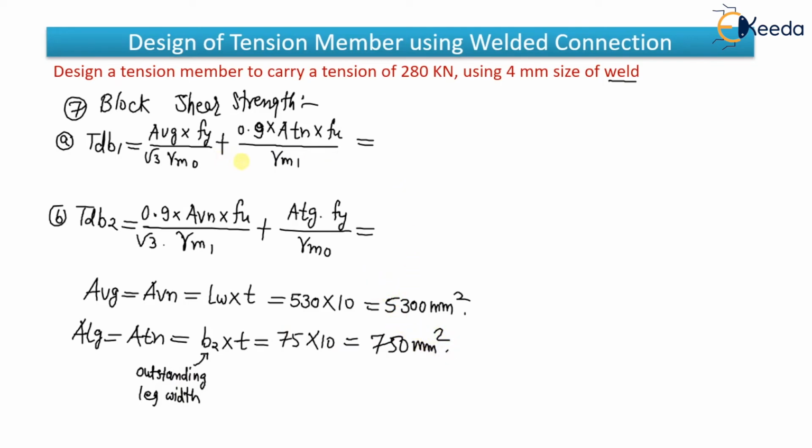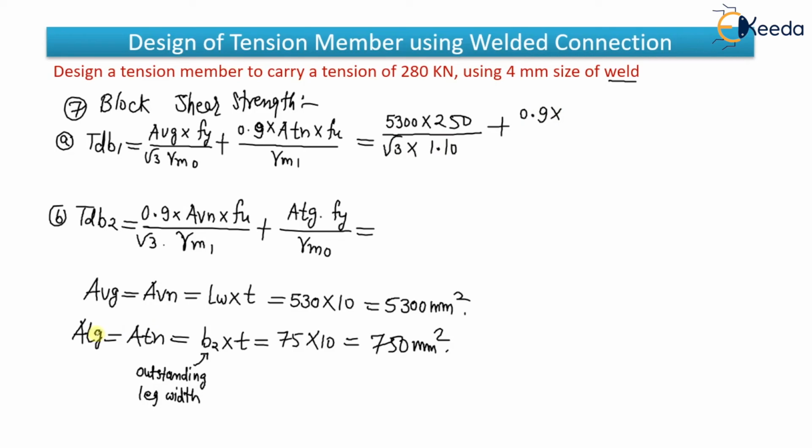Let's put all these values here. So it will be 5300 into 250, that is Fy, divided by root 3 into gamma m0, that is 1.10, plus 0.9 into ATN.